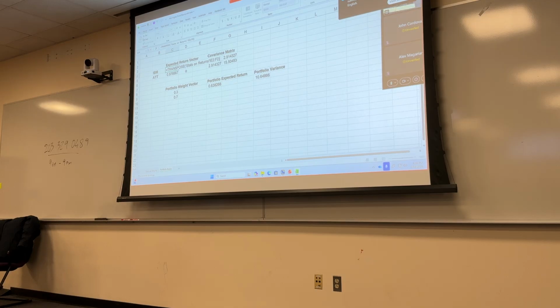Now, these formulas that we're using are matrix formulas, right? There is a distinction for those of you who use older versions of Excel. Before you enter the formula, you have to select the whole matrix.